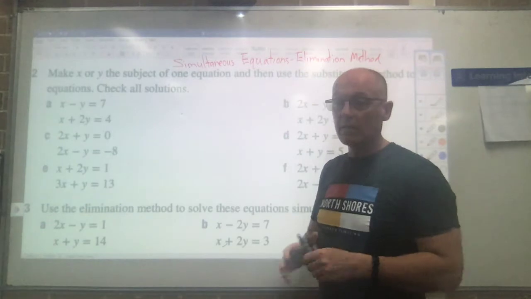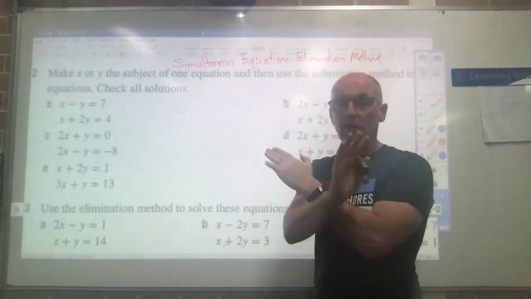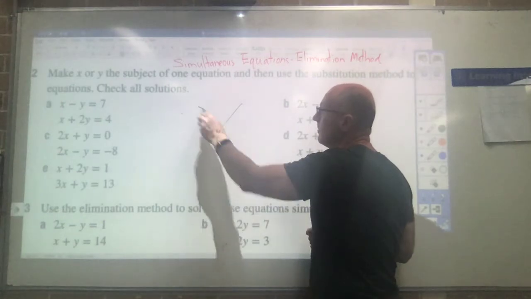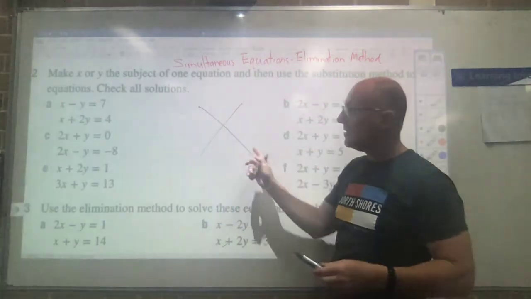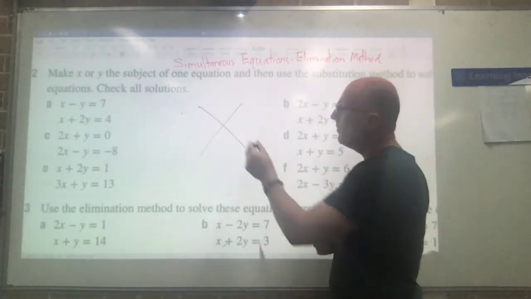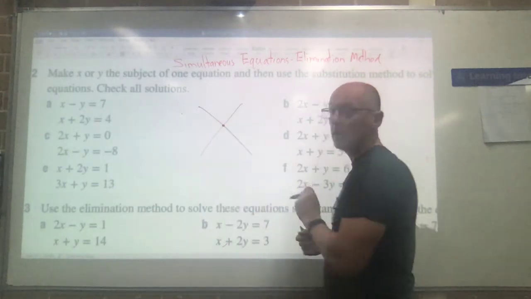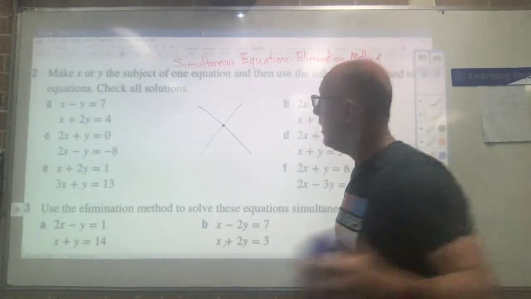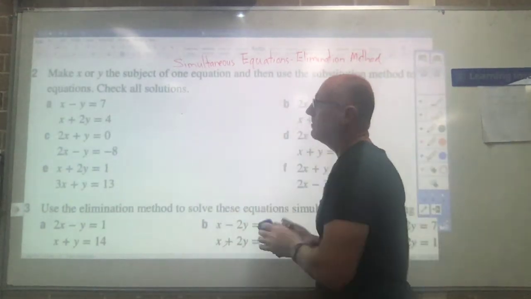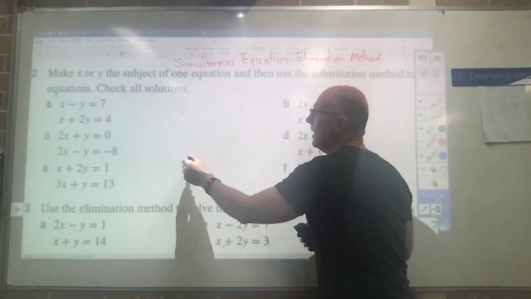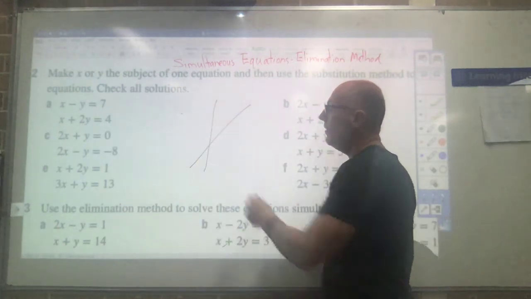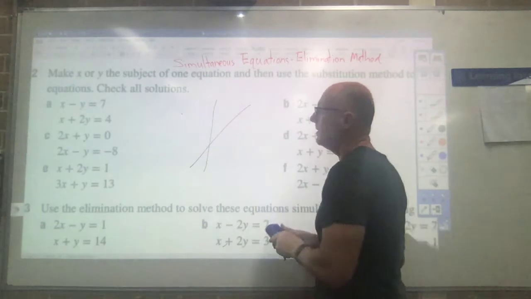If the gradients are not the same, at some point they must cross over, and we're trying to find where they meet, the actual coordinates of where they meet. The lines may not look like that. One might be going this way and one might be going steeper. They might meet like that. We want to find where the two lines meet.